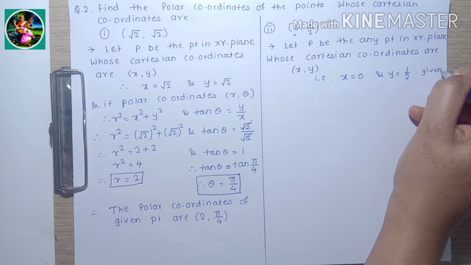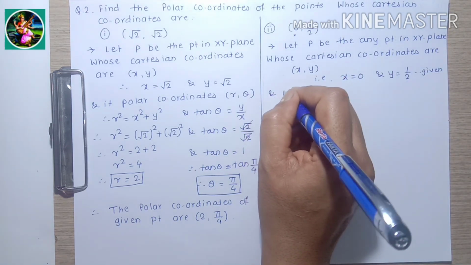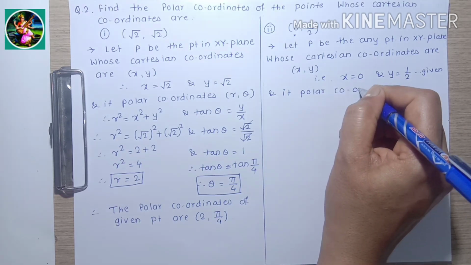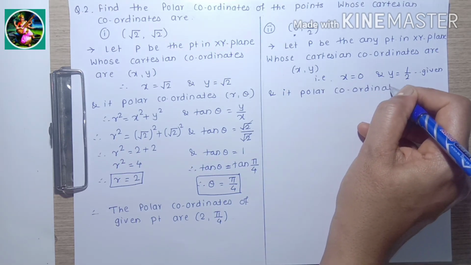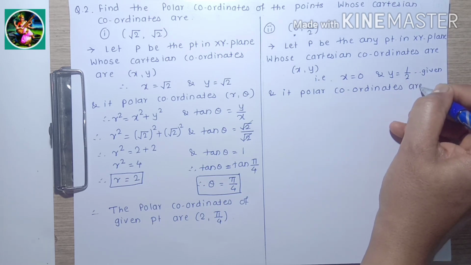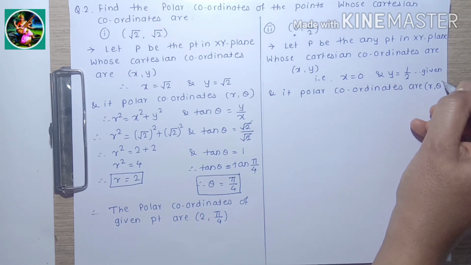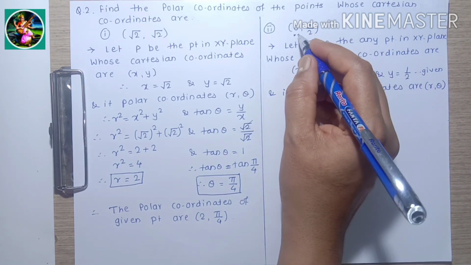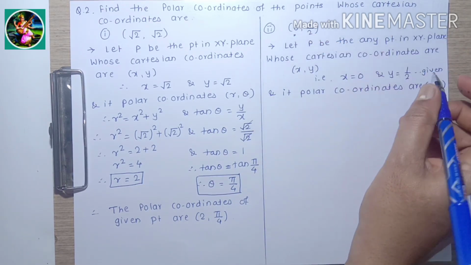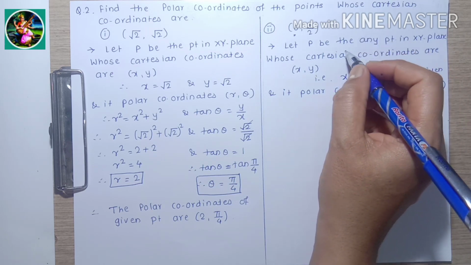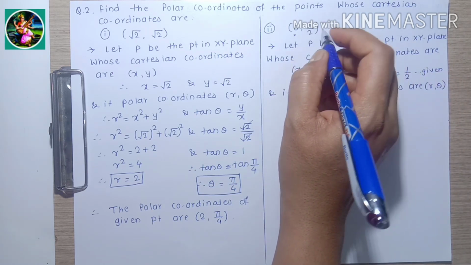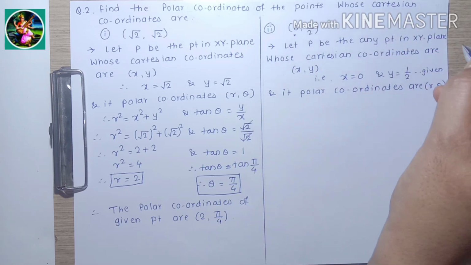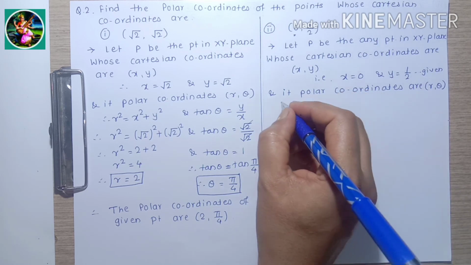This is given, and its polar coordinates are r, theta. As the given point has x coordinate 0, therefore this point is on the y-axis, and its y coordinate is positive, therefore this point lies on the positive y-axis.